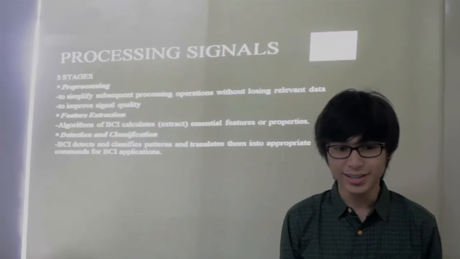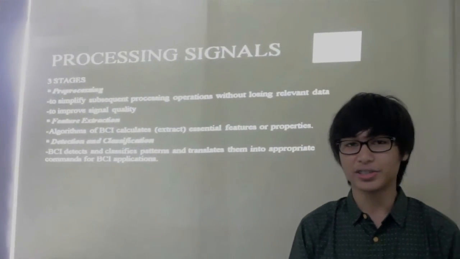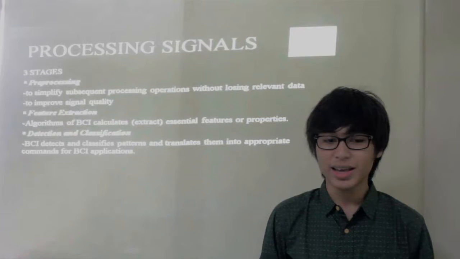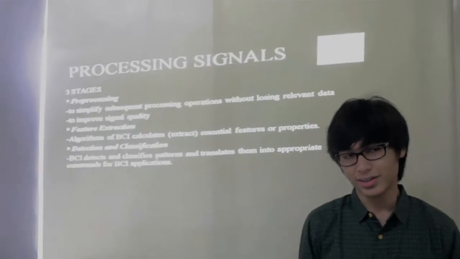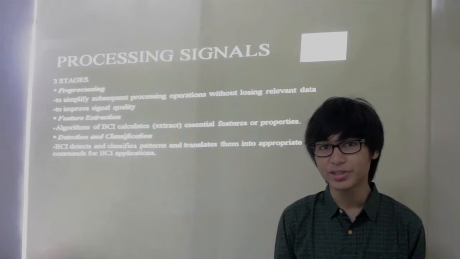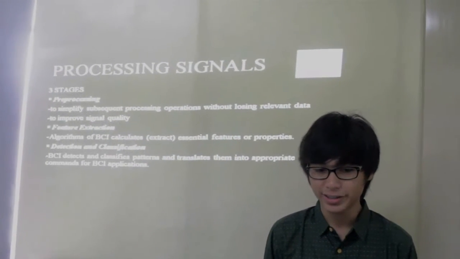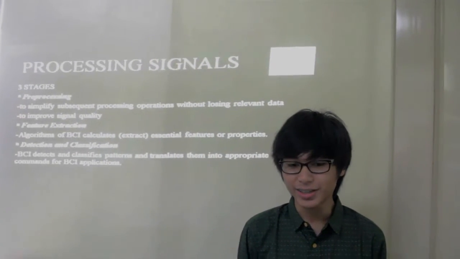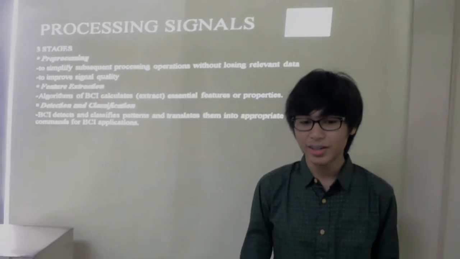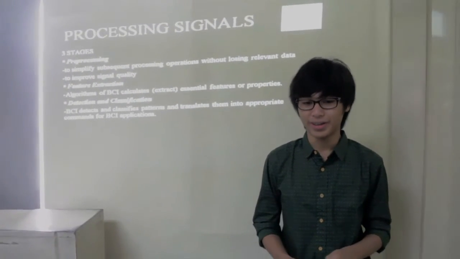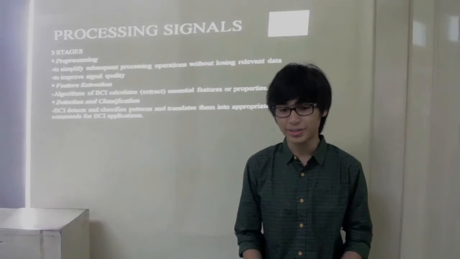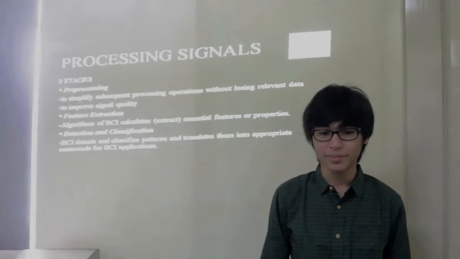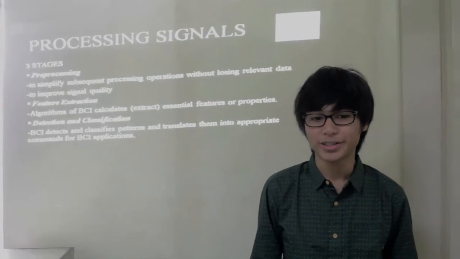The second stage is feature extraction, where the application uses algorithms of BCI to calculate and extract essential features or properties. The third stage is detection and classification, one of the most important parts, where the BCI detects and classifies patterns and translates them into appropriate commands for the BCI application.